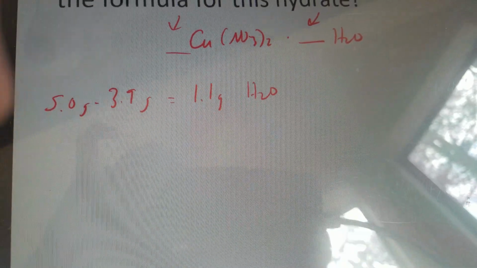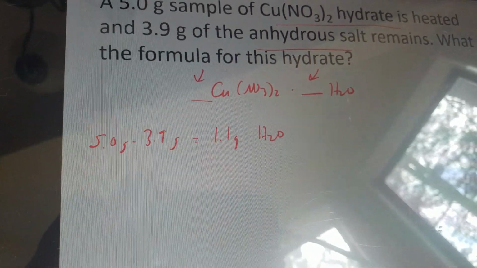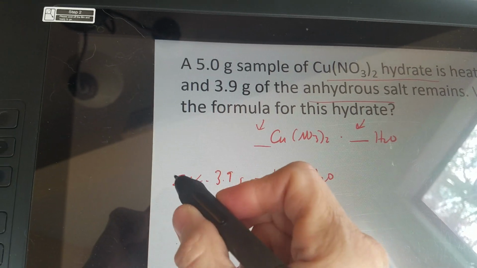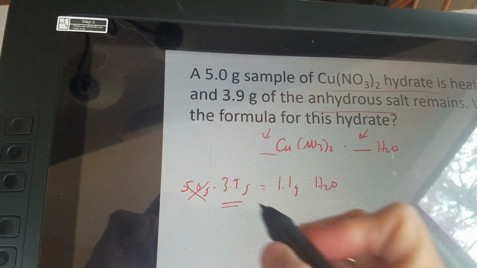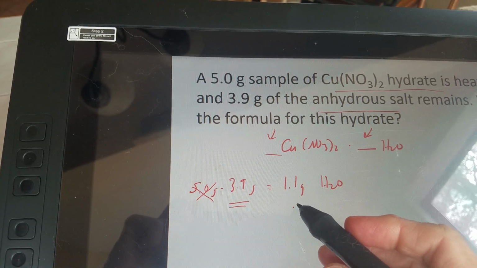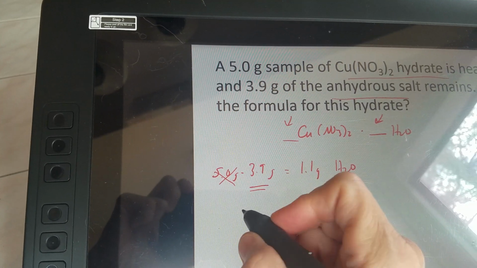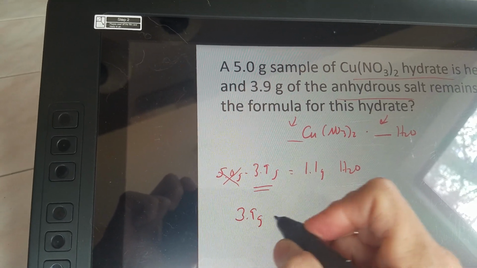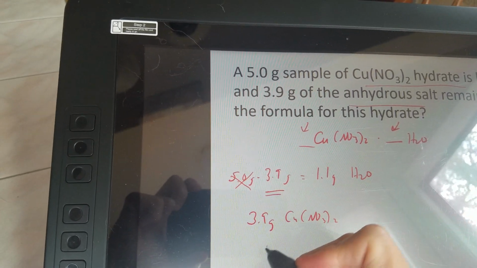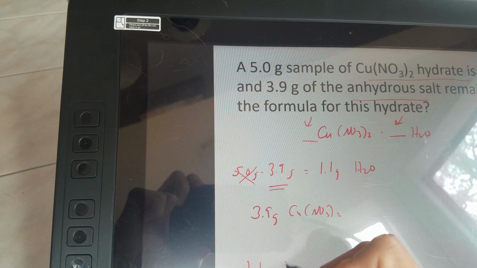So this is going to work a lot like the empirical formula. The only time I need this hydrated salt is to do the subtraction. Then I want to take the 3.9 grams of the anhydrous salt and compare it with the 1.1 grams of the water.